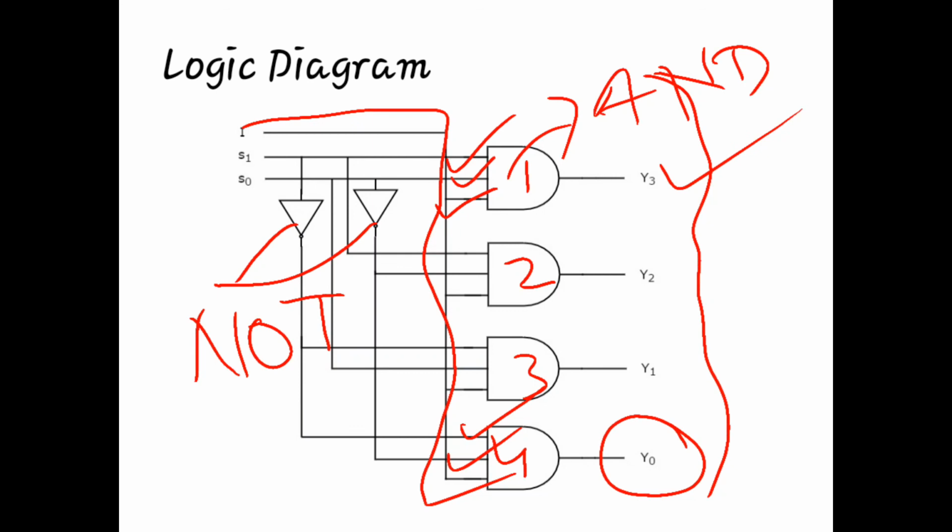Finally, S1 bar, S0 bar, and I will be fed to this fourth AND gate. Then we will have Y0 output line selection.